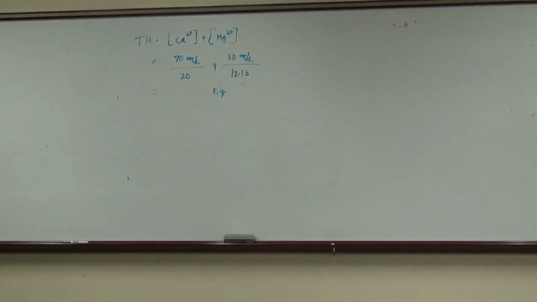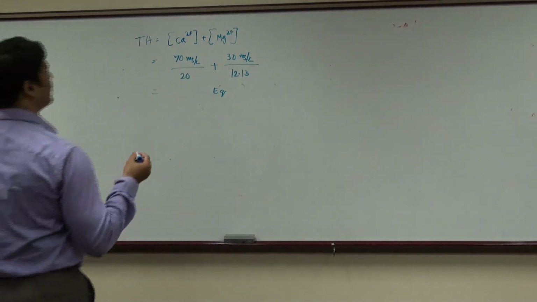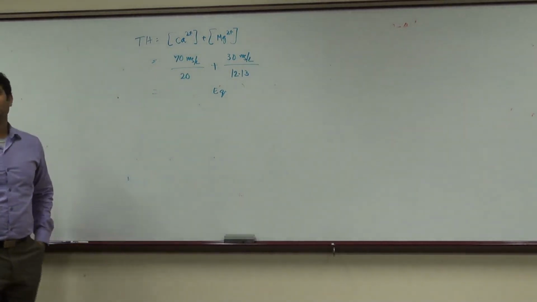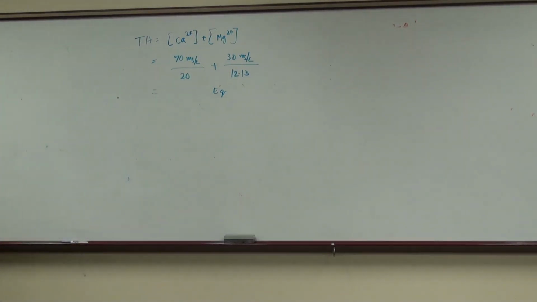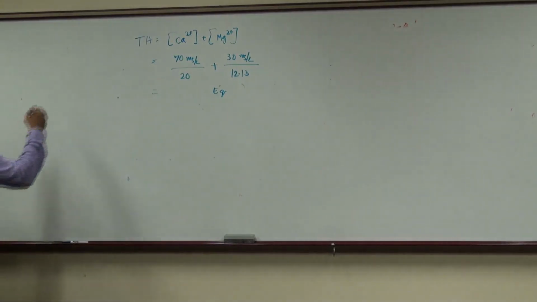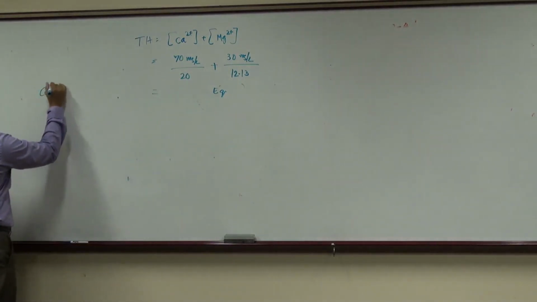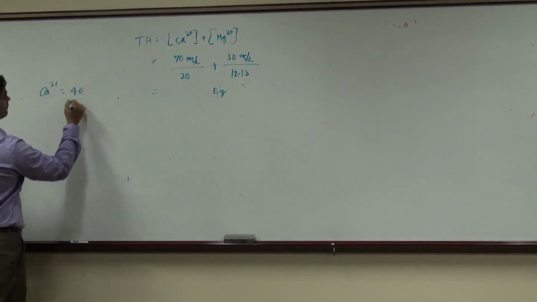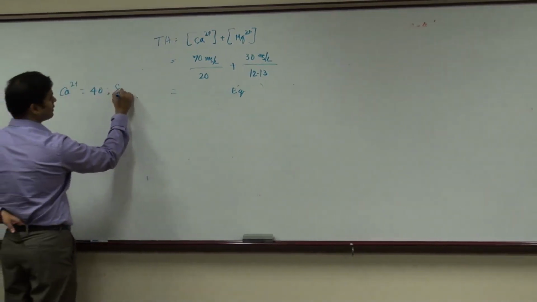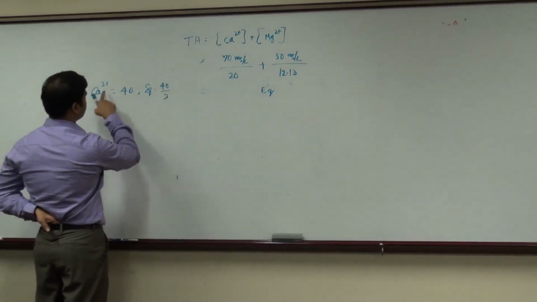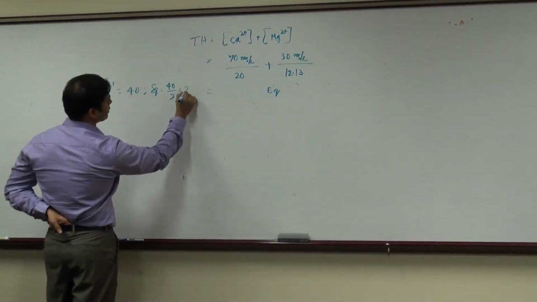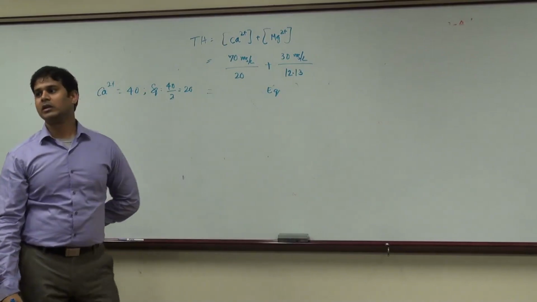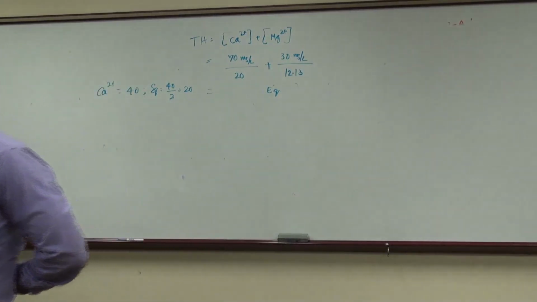Is that right, what I wrote on the board? I hope so. Where did I get the 20 from? It's probably 40 divided by 2, the valence, the number of electrons. So that means 20, right? So calcium molecular weight is 40, but your equivalent weight is 40 over 2 because the valence is 2, so that will be 20 milligrams per milliequivalent.